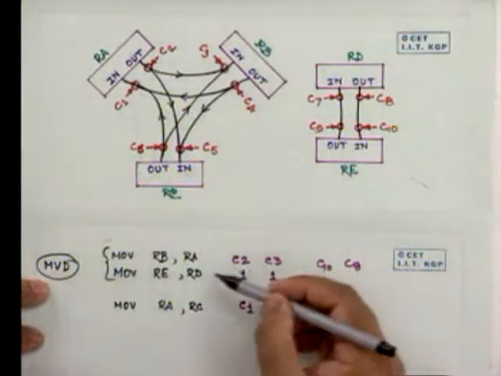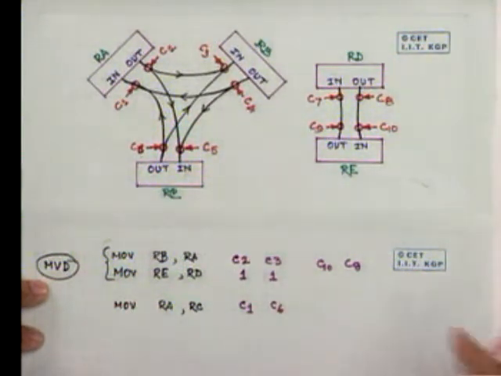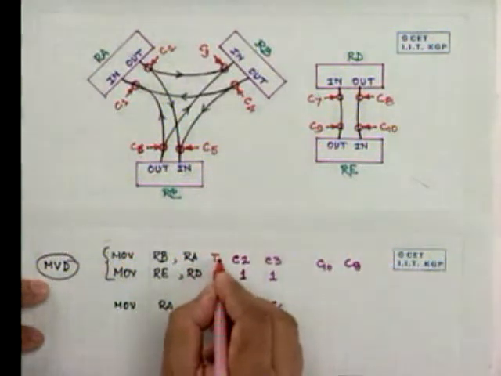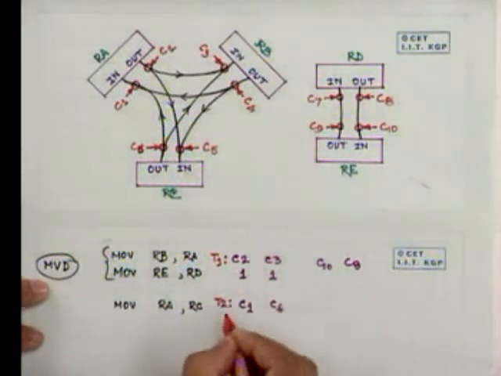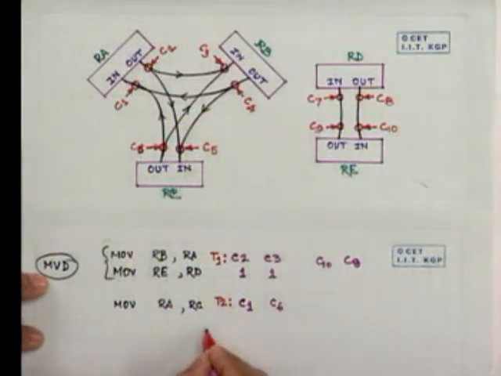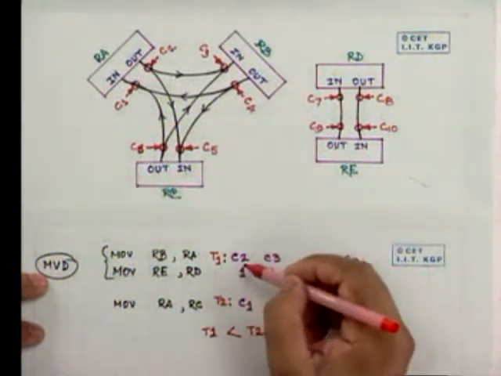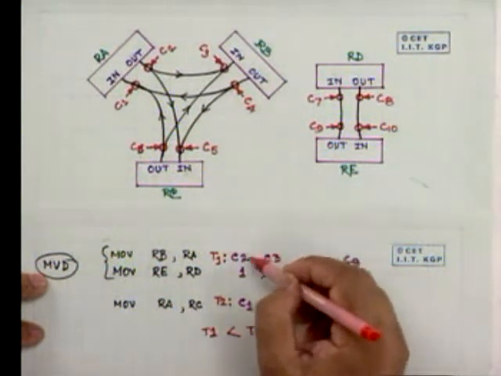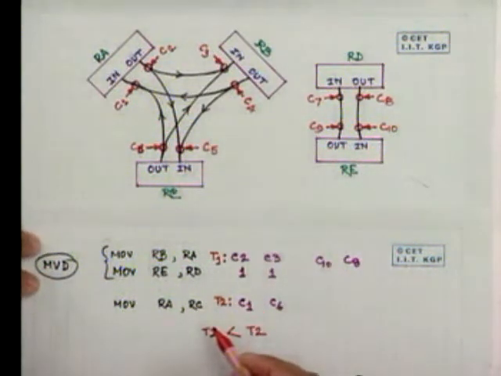For example, if this has to be done first and then this second, possibly we do it at time instant T1 this one and T2 this one, where T1 is less than T2. And to do these operations, we can keep a clock, and the opening or closing of these control gates is done in synchronism with the clock pulses.